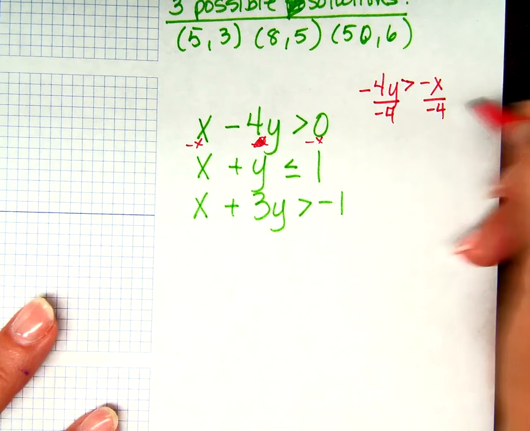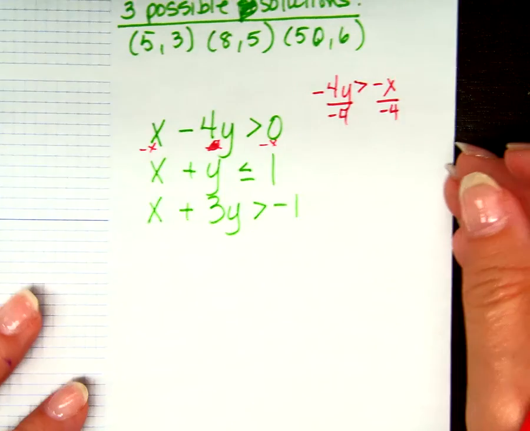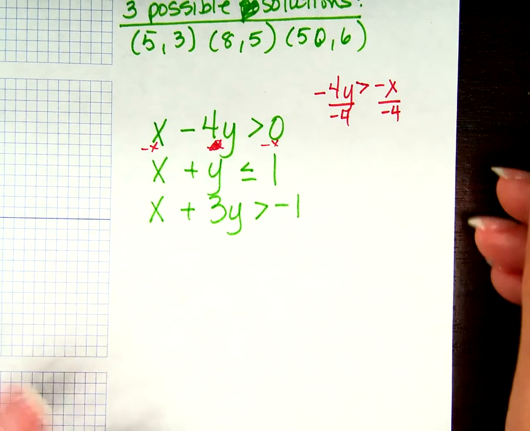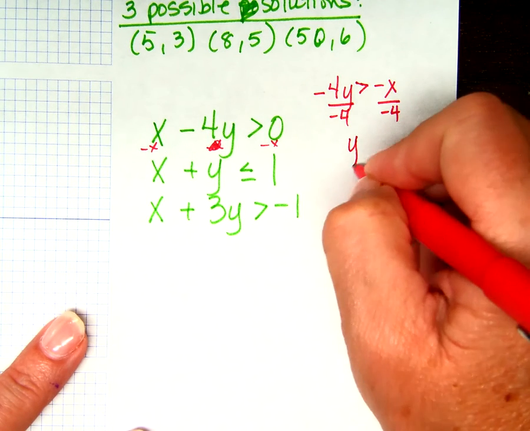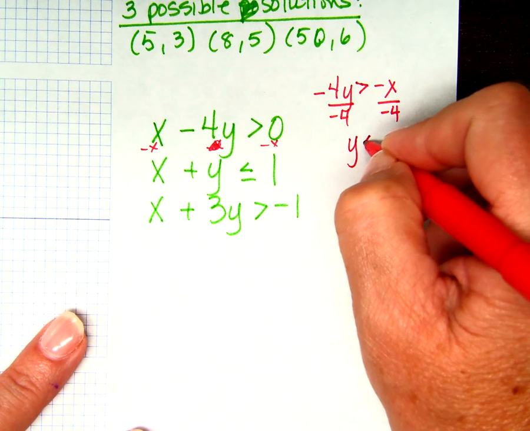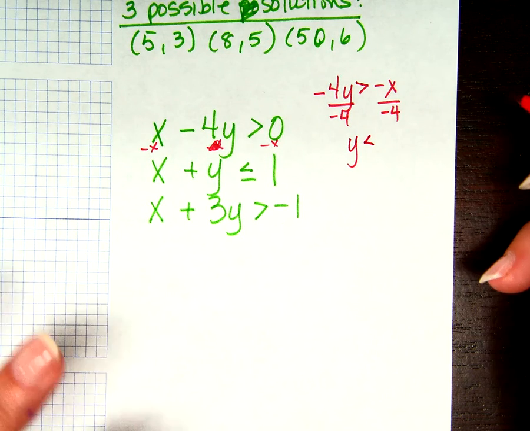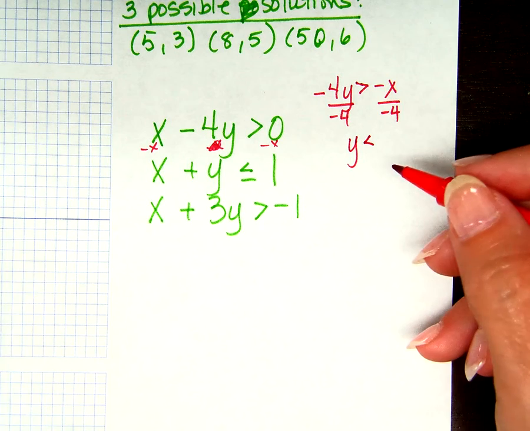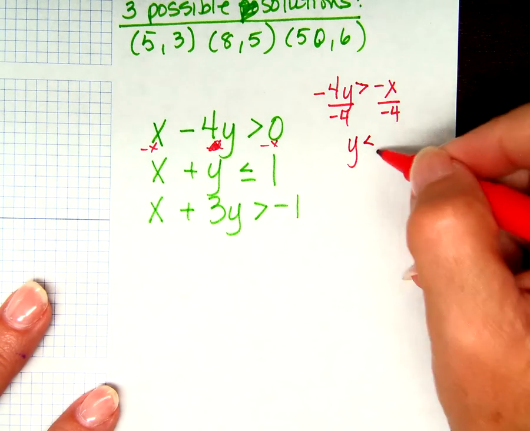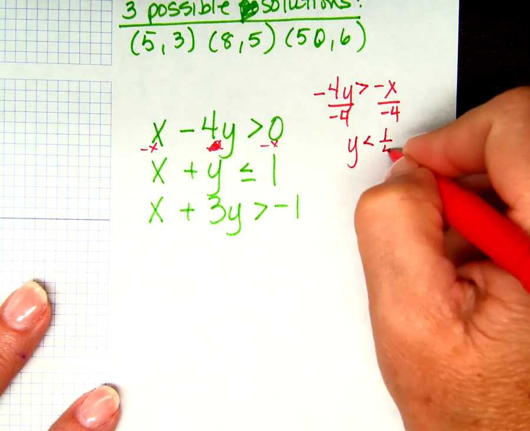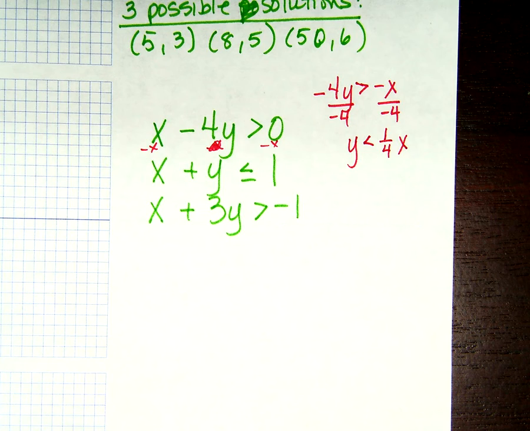Uh-oh. Danger, danger, danger. y is less than. Guys, it's not ever going to be less than or greater than. It's less than or equal or greater than or equal, not never less than or greater than. Okay? y is less than 1/4 x.